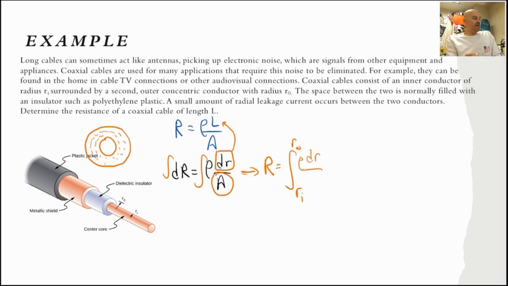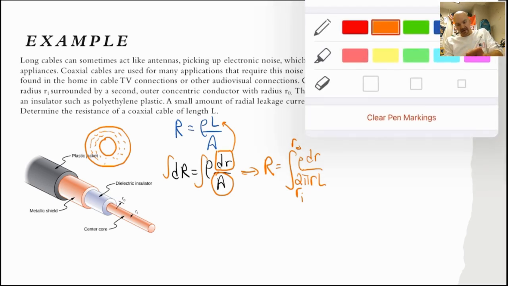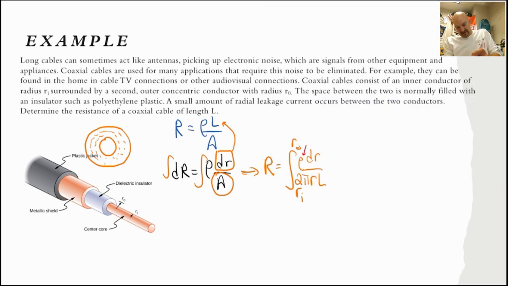The cross-sectional area is going to be a cylinder, so 2 pi RL is going to be our area. Constant, constant, constant, constant, so I'm going to pull all those out. We're going to have rho over 2 pi L, the integral from the center out to our radius, of dr over R.